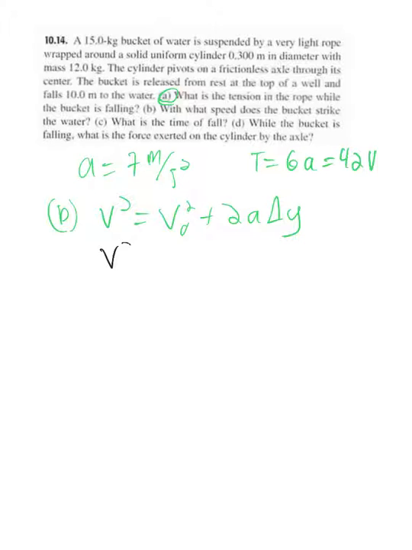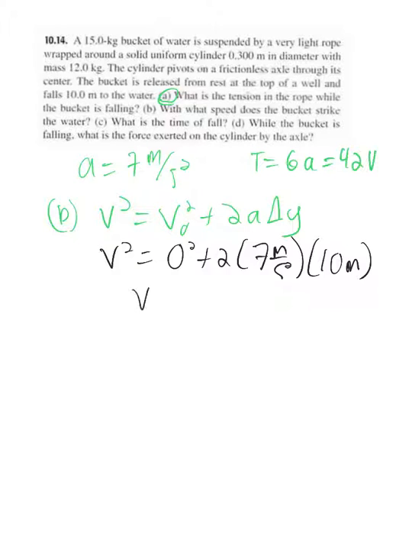So V squared equals 0 squared plus 2 times 7 meters per second squared. And it's going to be 10 meters. So we end up with the square root of 140 meters squared per second squared. That's about 11.8 meters per second when you calculate it out.